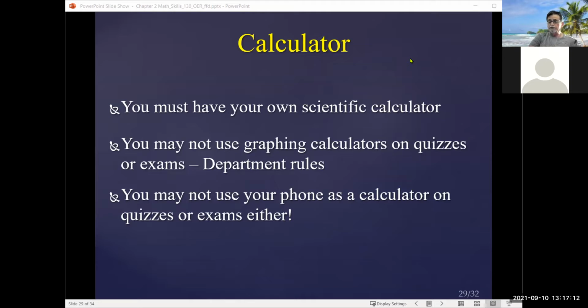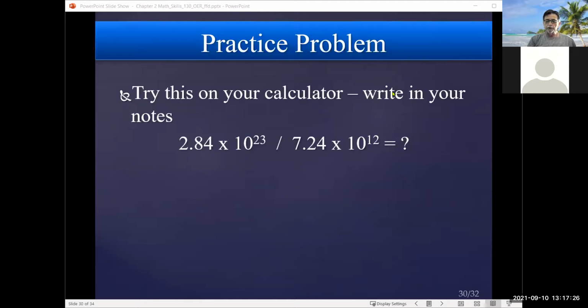I wouldn't use the Windows calculator during exams, because if you have to toggle back and forth, Canvas will alert and say, no, you're getting out of your window. So I would get a calculator, and they're not that expensive. Just make sure they have scientific notation, because we will be working with large numbers when we do some calculations.